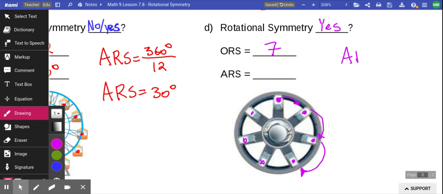The angle of rotational symmetry equals 360 degrees divided by the ORS, which is 7. That means the angle of rotational symmetry for this thing is 51.4 degrees.